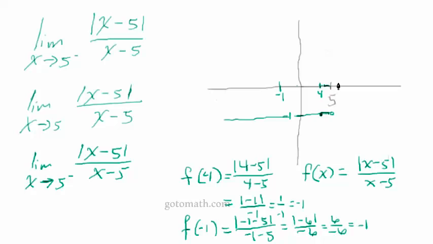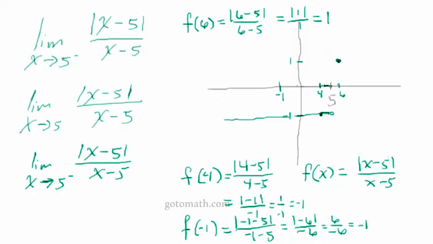Now if we plugged in a number, for example 6, we'll say we're plugging in 6 into the function. We're running out of room here. F of 6. So we get the absolute value of 6 minus 5 over 6 minus 5, and we end up getting the absolute value of 1 over 1, which is 1. So we'll say 1 is here.